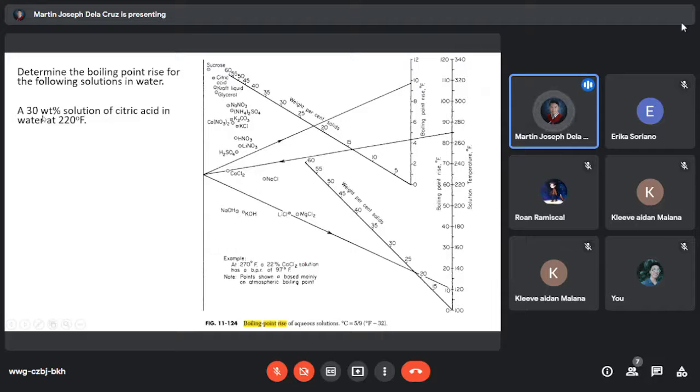Okay, so you have here a 30% solution of citric acid in water at 220 degrees Fahrenheit. So, you take note, class, no, na citric acid natin is andito. Right? This is our citric acid. So, you have here 220 degrees Fahrenheit.